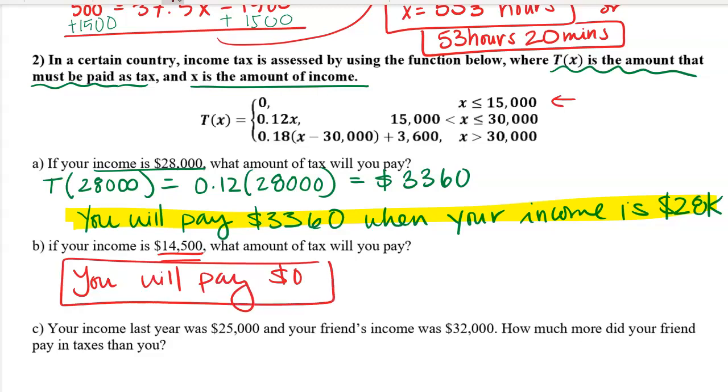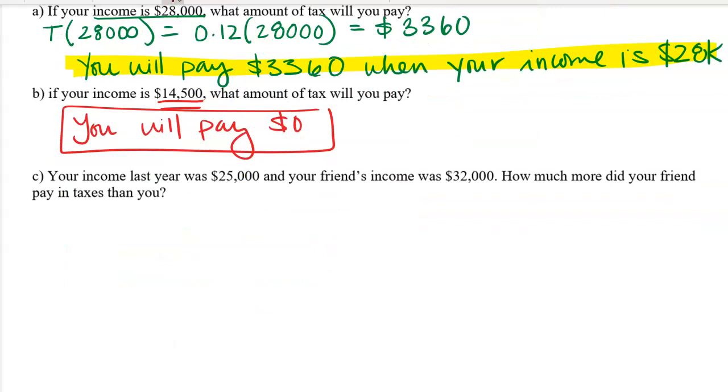Part C. Hannah, help us read part C, please. Oh, yeah, this one says how much more did your friend pay? So make sure we answer that part. All right, so we're going to calculate 2 people's income here. This is your income, and this is your friend.